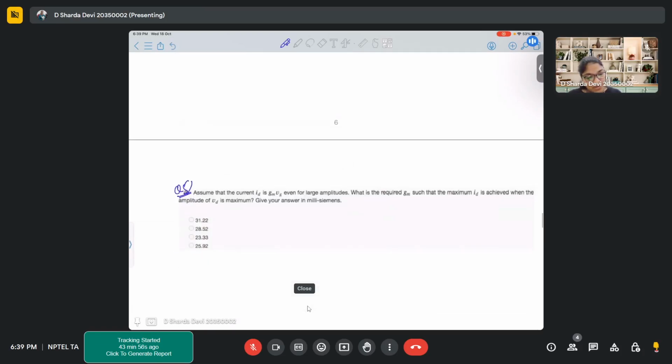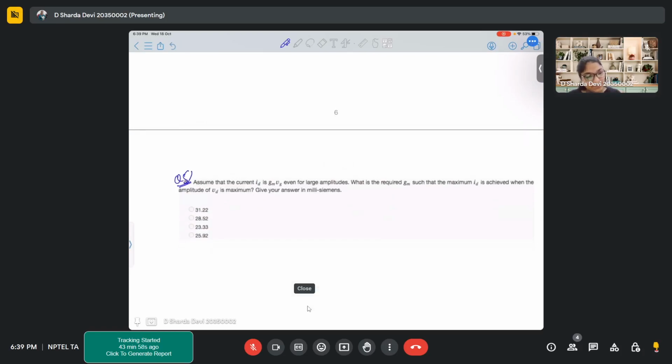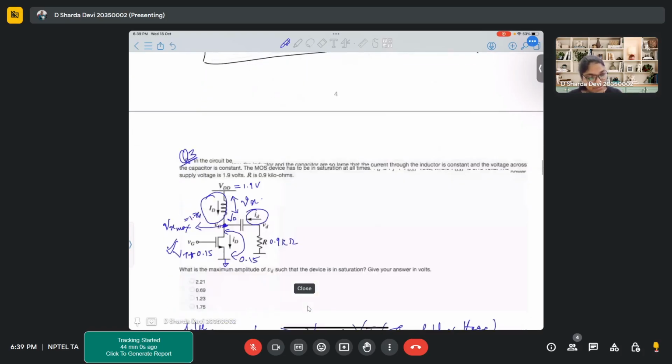Moving on to the next problem. In this problem, again that small current, I'll take the snippet.